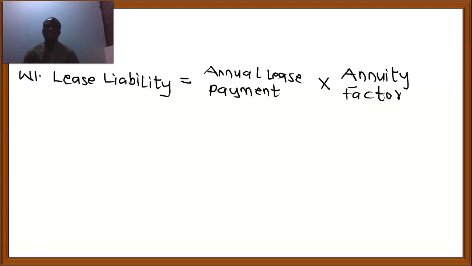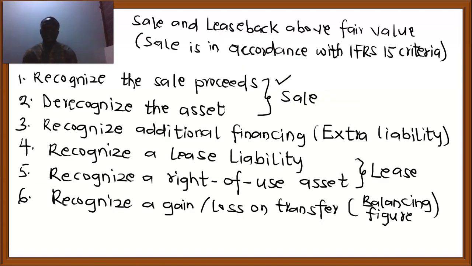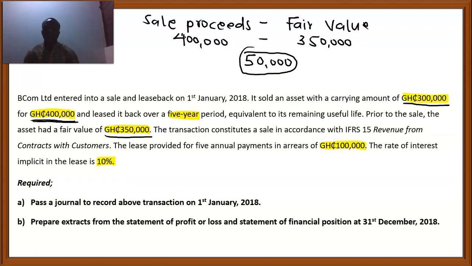Alright. In this question, we are told the annual lease payments are 100,000 Ghana cedis, and the interest rate implicit in the lease is 10%.